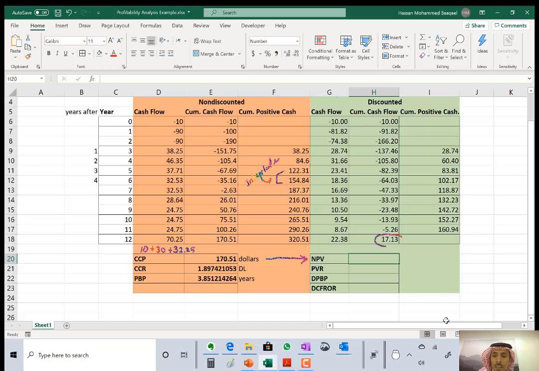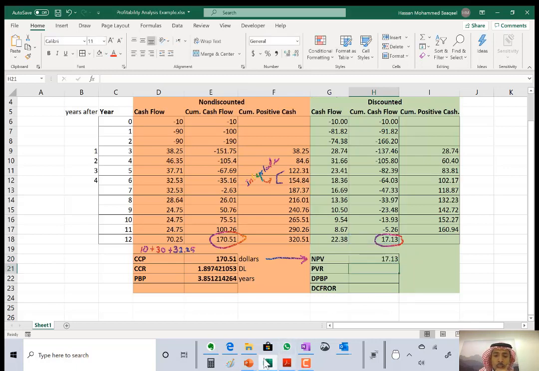So it's the same value that we took from the cumulative cash flow in the non-discounted section, but this time for the discounted section. So NPV is equal to 17.3.